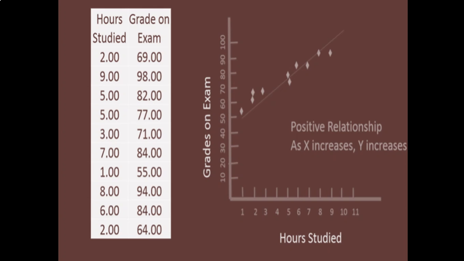Firstly, we will plot the data on the scatter diagram. When we plot this data, we will put hours studied on the x-axis, and we will put grades on exam on the y-axis, so we will find there is a positive relationship between hours studied and grades on exam. When x increases, y will increase.